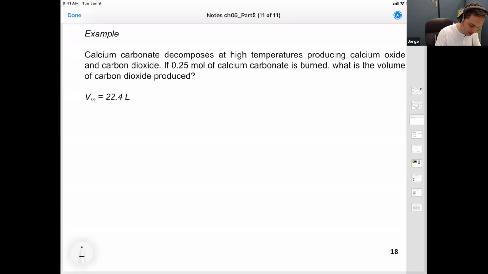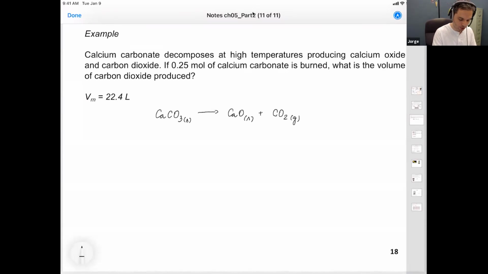So it states that calcium carbonate, CaCO3, and that's a solid, burns, and the products are calcium oxide, CaO, that's a solid as well, and carbon dioxide, CO2, and we know that CO2 is a gas.